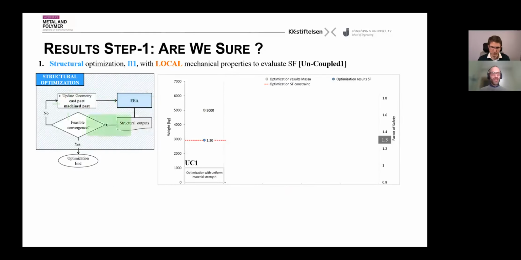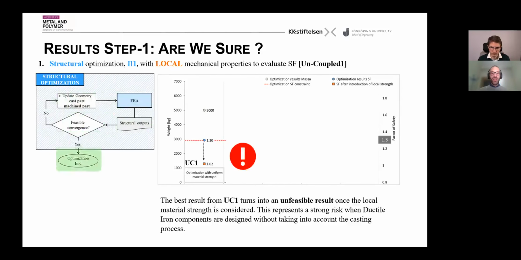So we performed this again, the structural optimization, or better, we took the results of the structural optimization and we compared not with a homogeneous strength, but with the local strength.